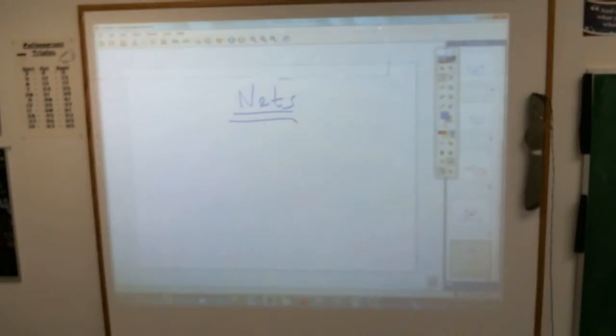Can anybody out there tell me what a net is? By the way, the little subheading is a net of what? Pyramids, cones, prisms. Anybody looking in the book?